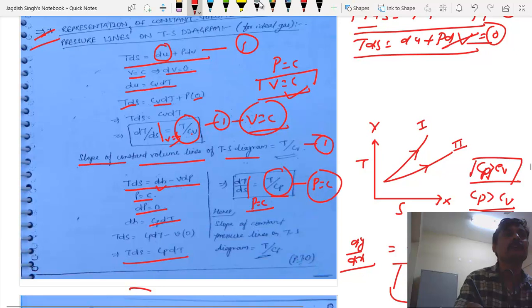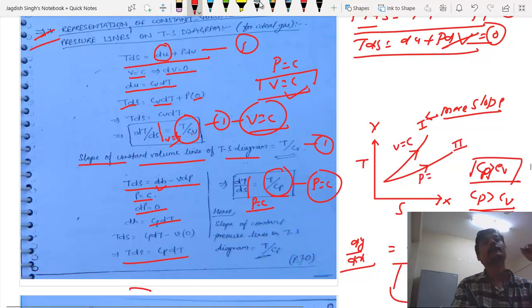In this plot, this curve has more slope. That's why this process will be isochoric and this process will be isobaric.